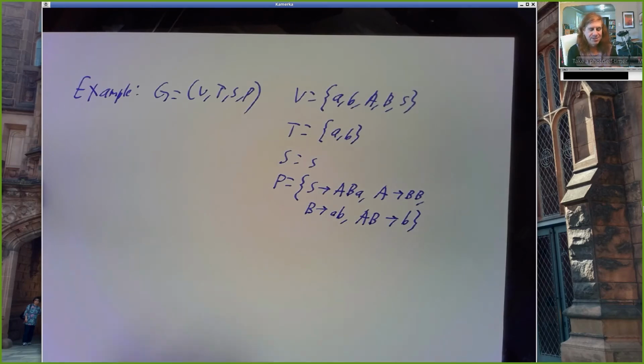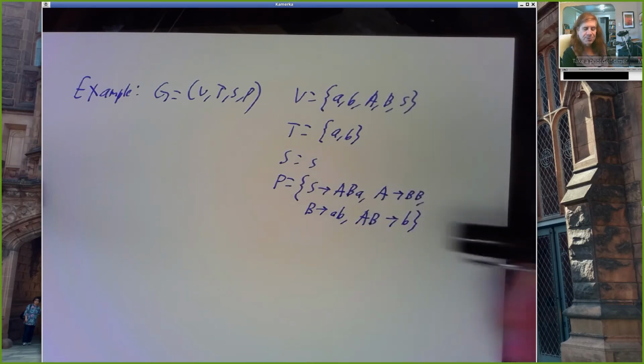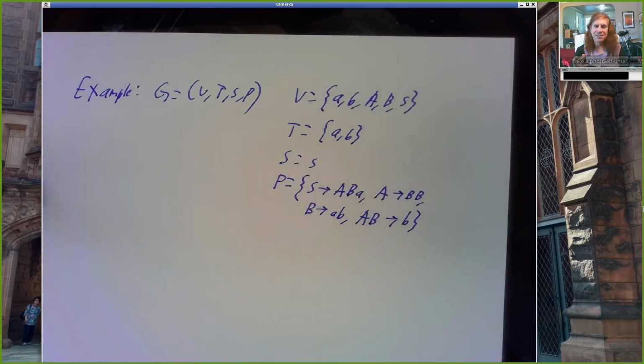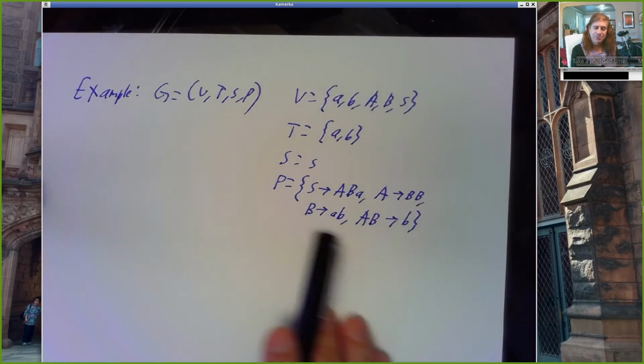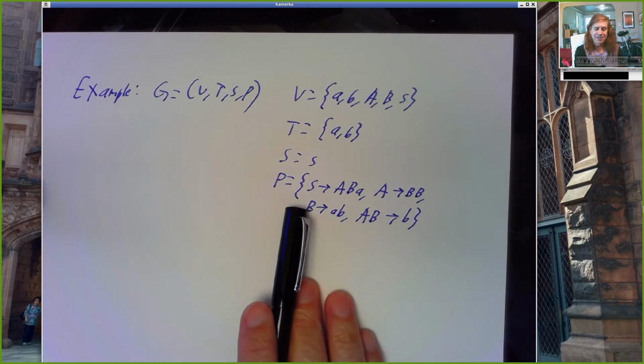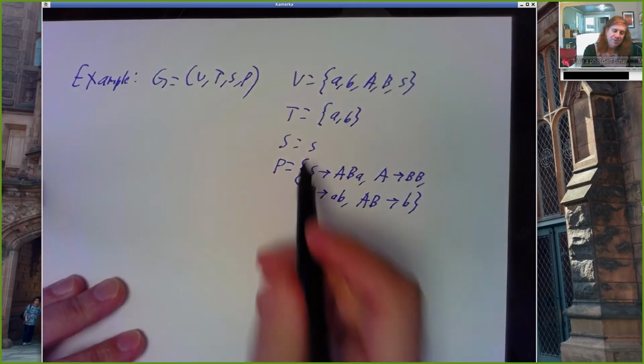Alright, so this is a description of a phrase structure grammar: vocabulary, terminal symbols, start symbol, which is S, and then production rules. The idea is, if you start with the start symbol, you can apply any production rules to replace any left side with a right side. Let's see what kind of words we can produce starting with the start symbol.